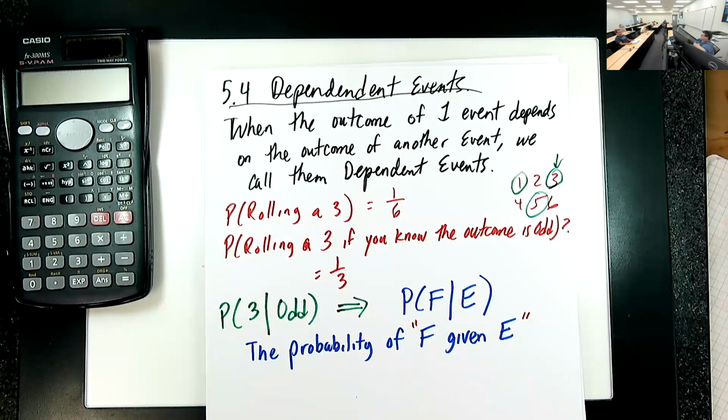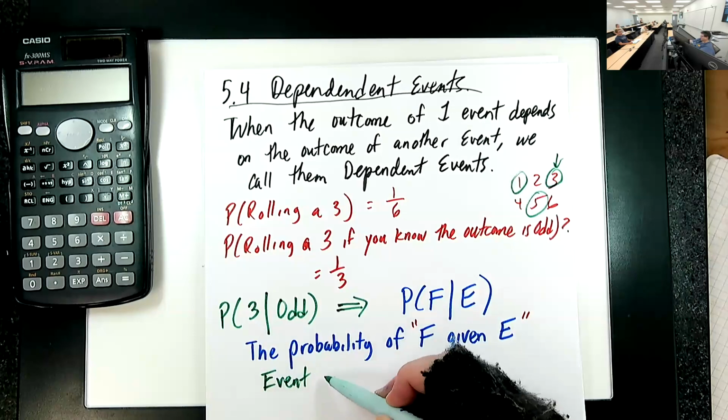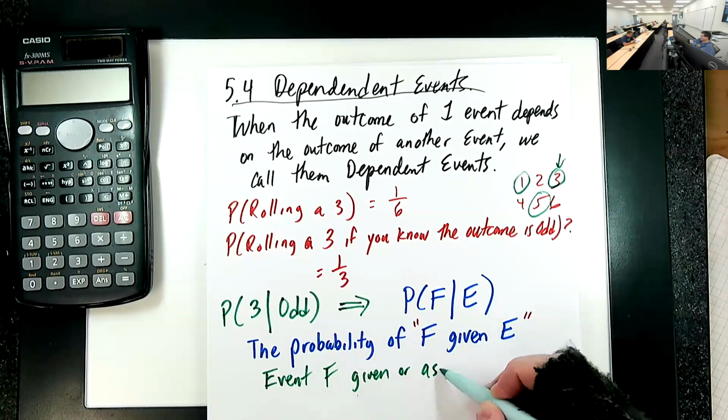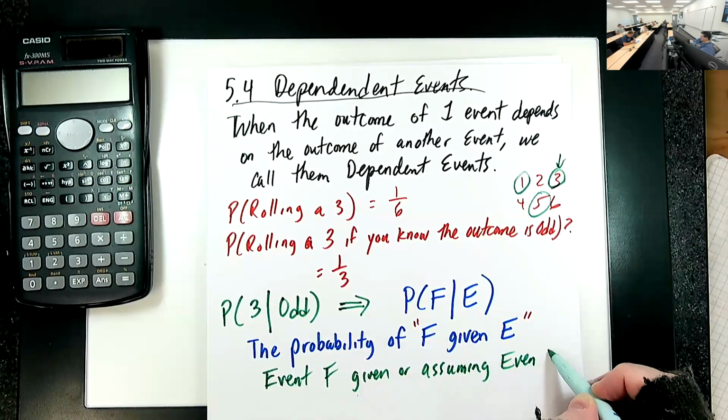Probability of event F given or assuming event E has already happened.